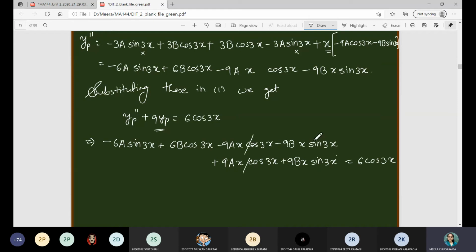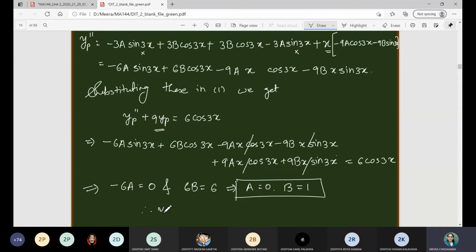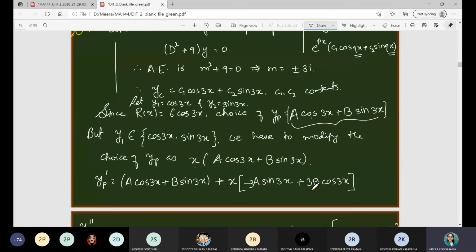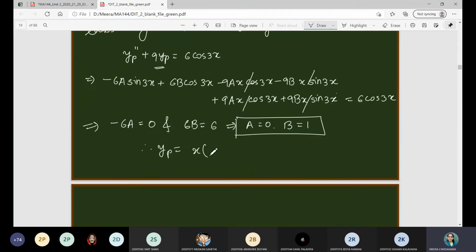So if you simplify this, you can see that this will cancel out, and you can write sin 3x का कोई भी कोफिशिएंट्स राइट हैंड साइड में नहीं है, तो I can write minus 6a is equal to 0. यहाँ पर कोई भी कोफिशिएंट sin 3x का नहीं है तो उसका कोफिशिएंट 0 है, that we will assume, and 6b is equal to 6 implies I can write a is equal to 0, b is equal to 1, and therefore what will be yp? So yp will be x into a is 0, b is 1, so it is 3 cos 3x.